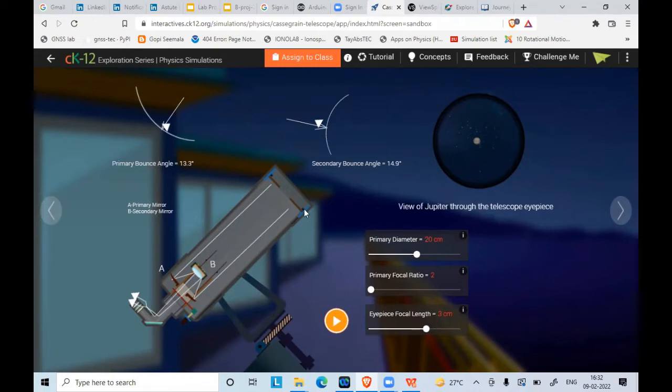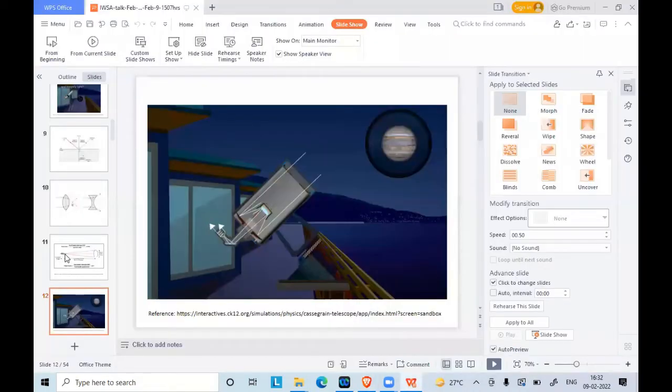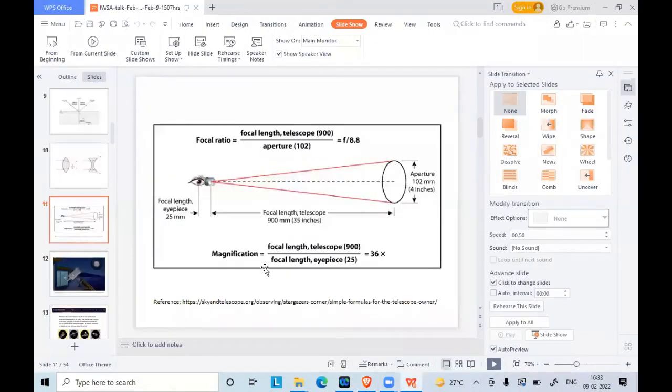Jupiter has become small. As I showed you on the slide about magnification, if I'm increasing the focal length of the eyepiece, I'm actually decreasing the magnification. Am I correct? Yes.